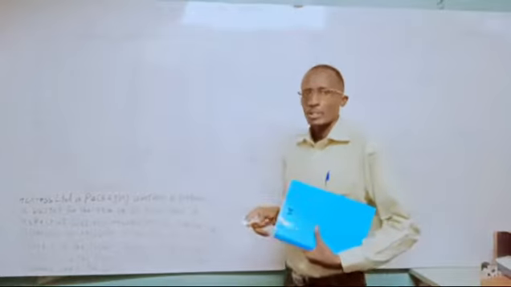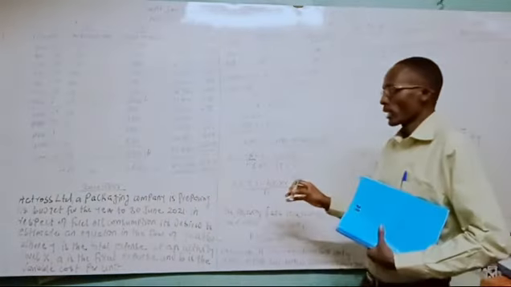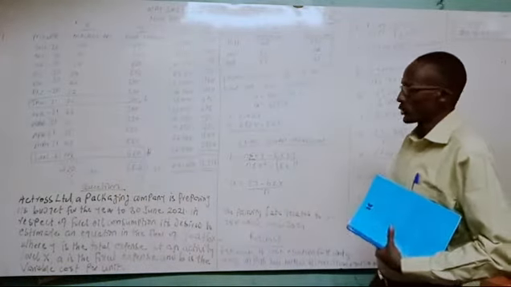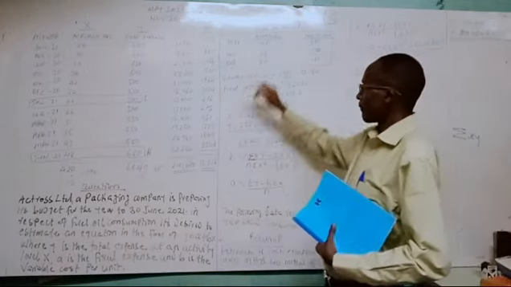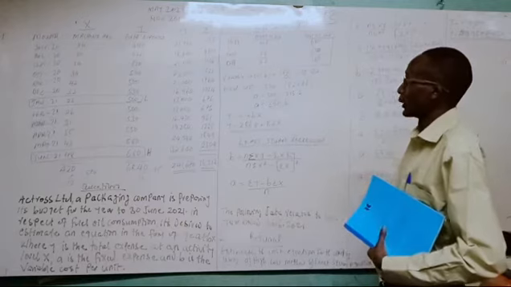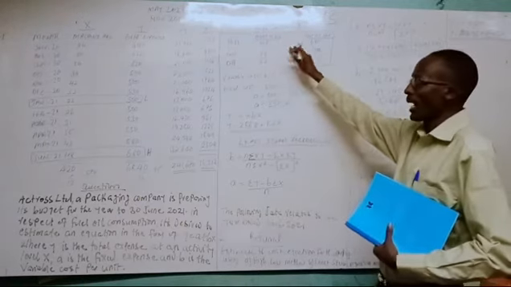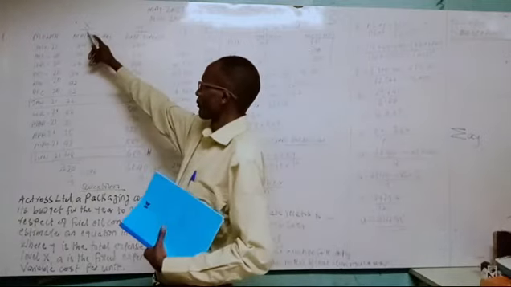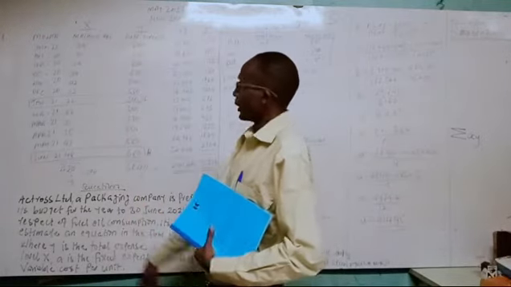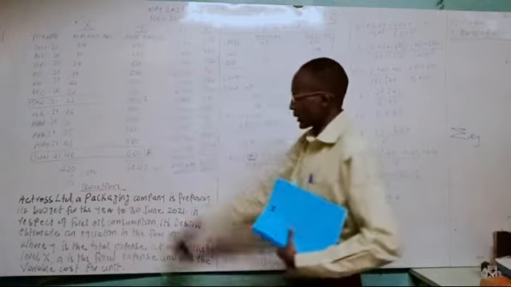Let us look at the solution. Now, we start by computing the value of A and B using the high-low method. Now, the concept of using the high-low method, you look at the numbers that you have in the x-axis and the numbers that you have in the y-axis.